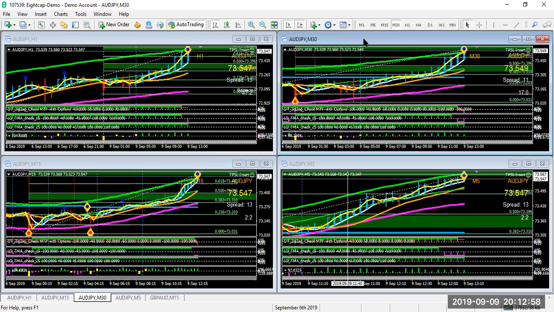Because if you don't have achievable targets that you stick to, because these are targets that you're happy with, that if the price gets there you would have taken profit when you placed the trade, you can't really change your mind when it's achieved.